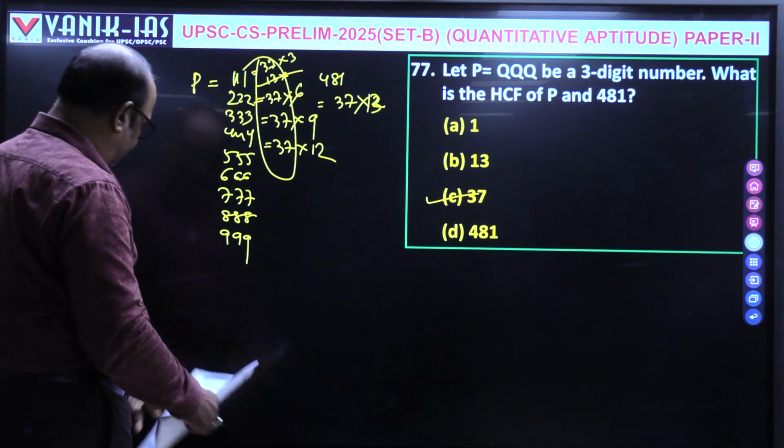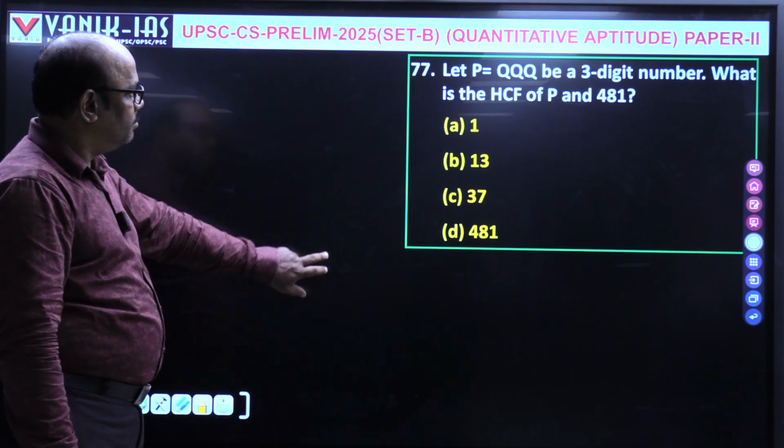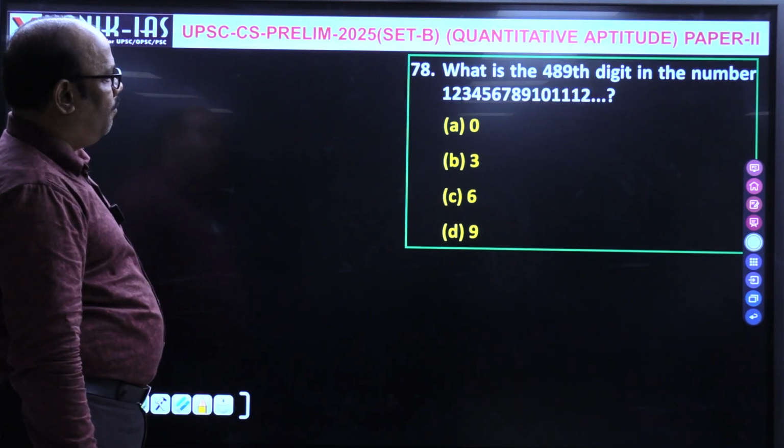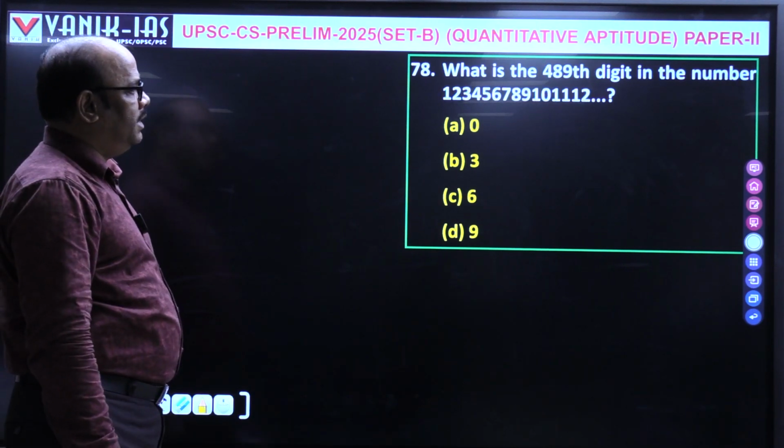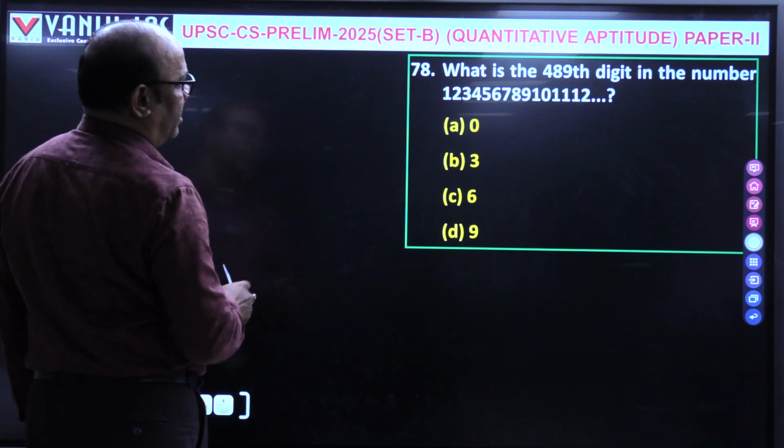Next question. What is the 489th digit in the numbers written 1, 2, 3, 4, 5, 6, 7, 8, 9, 10 like this?